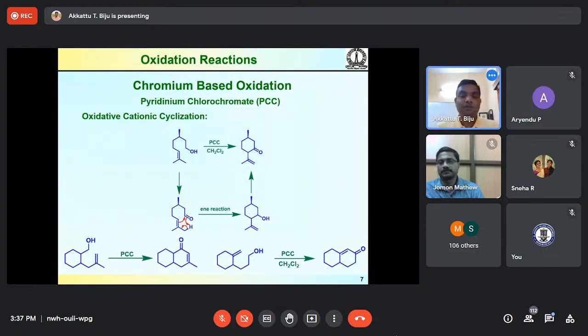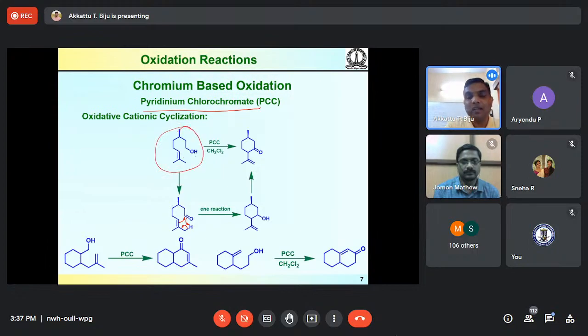Again, in some cases of pyridinium chlorochromate reactions, the PCC oxidation of a tethered olefin can be combined with an in situ cyclization reaction. Say, for example, if you have an alcohol which is tethered to an olefin, or which is connected to an olefin using a carbon chain, the PCC can oxidize this alcohol to the aldehyde.